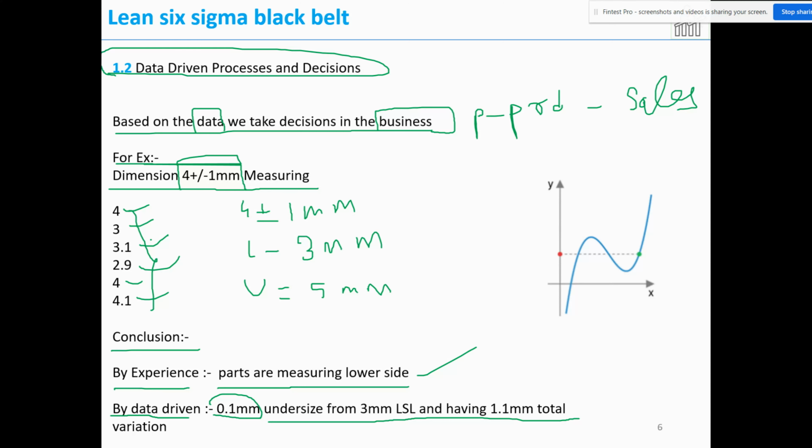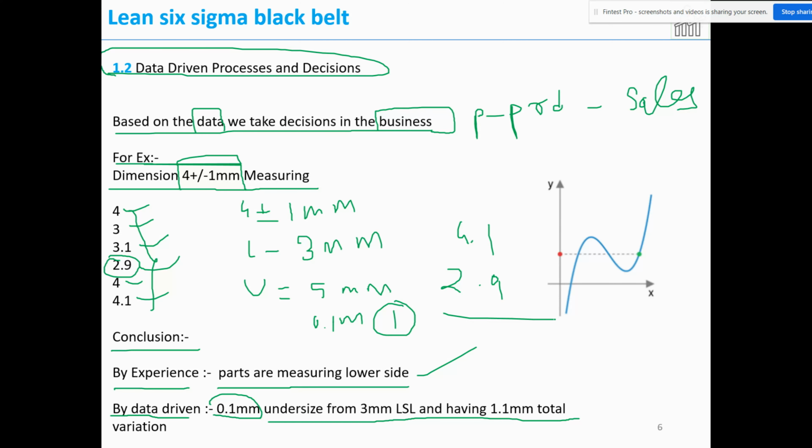So if we see in this data, 0.1 mm undersize is there from LSL. What is the lower limit? 3. But we have measured 2.9 as well. So by data driven, we can say one part is having 0.1 mm undersize. Then there is total variation. The maximum value is 4.1 and the minimum value is 2.9.